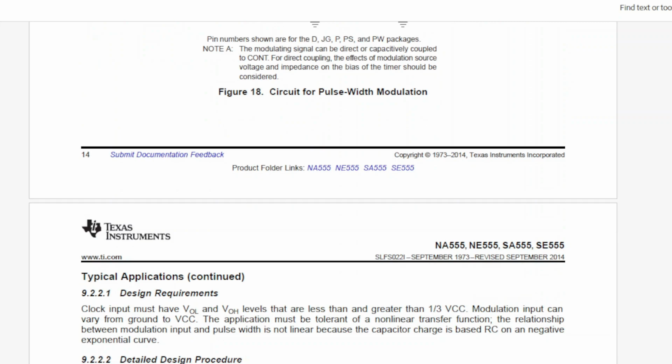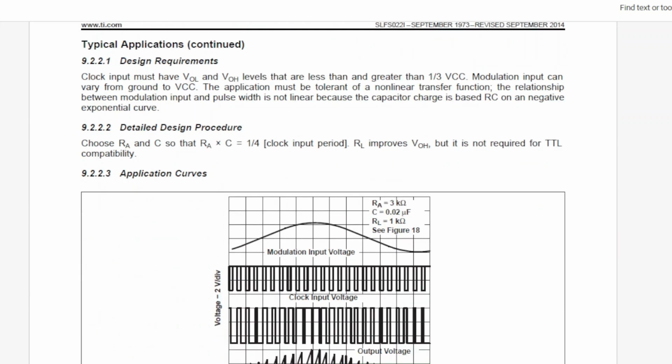It goes through telling you how to do it, and then it gives you a circuit and some waveforms down here, and they've got an AC input voltage, and as you can see the output voltage is sort of varying in pulses.